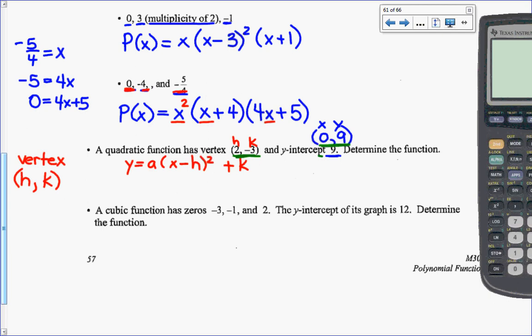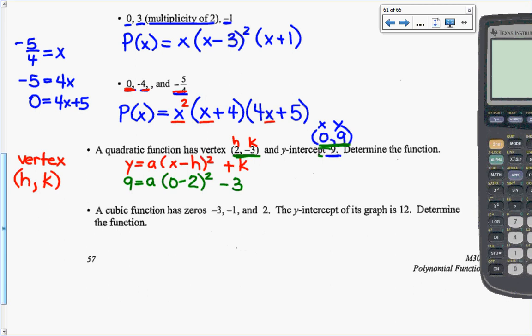Okay, so when I do that, my y is 9, my a is what I don't know, my x is 0, my h is 2 squared, plus my k is negative 3. Oh, so I don't need to say plus negative 3. I can just say that's the same thing as saying minus 3.